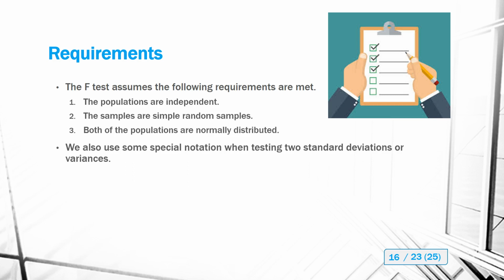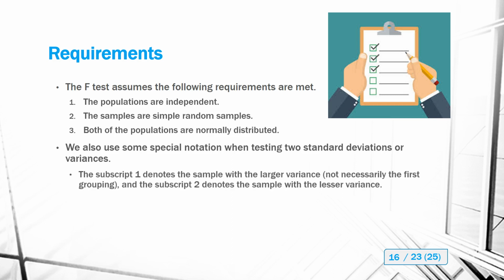As we've seen previously, we're going to have some special notation when dealing with this particular area of hypothesis testing. Whereas before we were looking at subscript 1 and subscript 2 to represent different groupings, so one of the samples would be sample 1, one would be sample 2, and sample 1 was typically the one mentioned or described first.